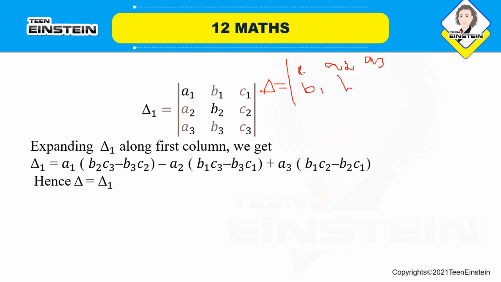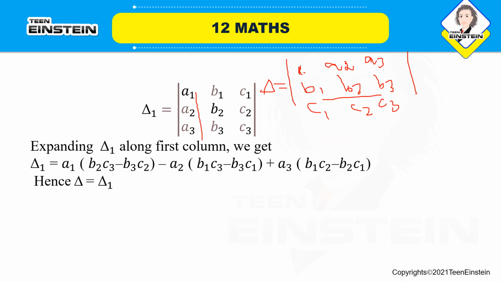Second row is B1, B2, B3. Third row is C1, C2, C3. So the first row is written as the first column here, A1, A2, A3. The second row is written as the second column here, B1, B2, B3, and the third row becomes the third column of delta 1.